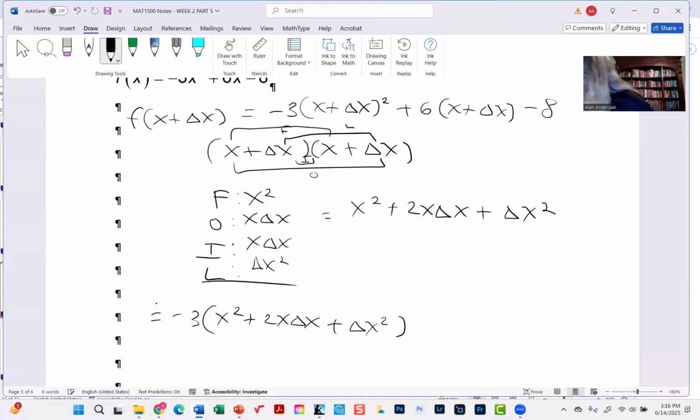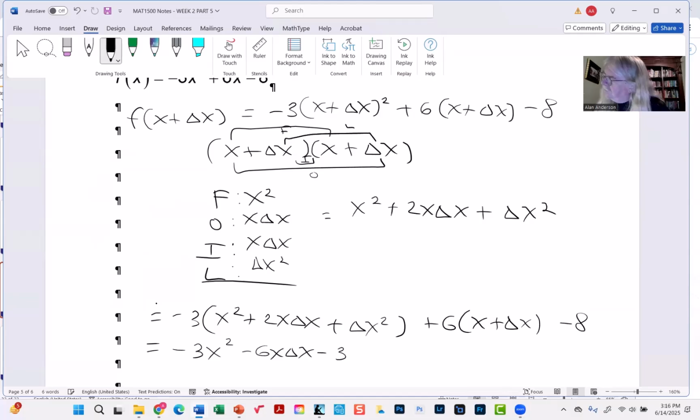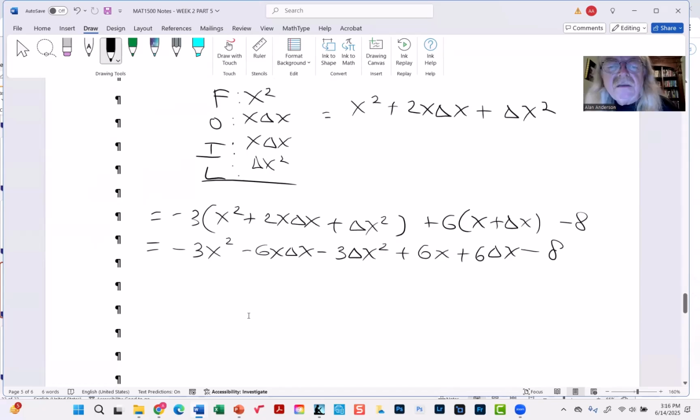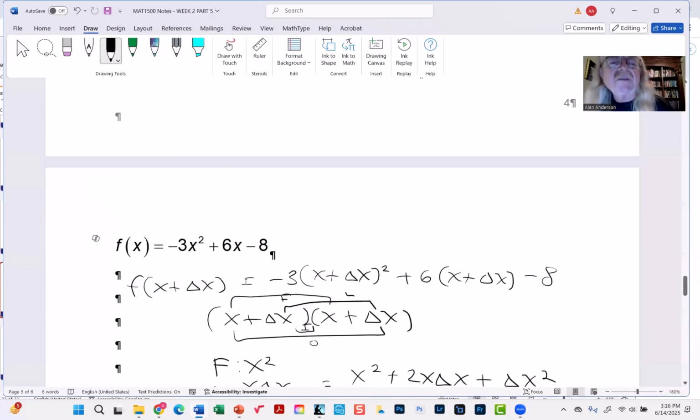In the second case, we had 6 times x plus delta x. Now we can distribute these terms. We might be able to simplify it a little bit. Maybe not. All right, but remember, that's just the f of x plus delta x.